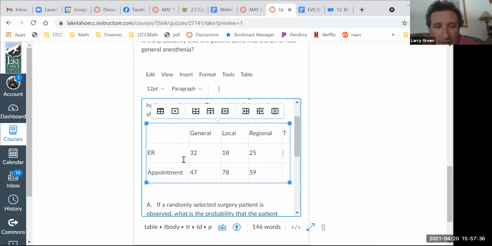The total in ER was 32 plus 18 is 50 plus 25 is 75. The total for the appointments is 47 plus 78, which is 125, plus 59, which is 184.